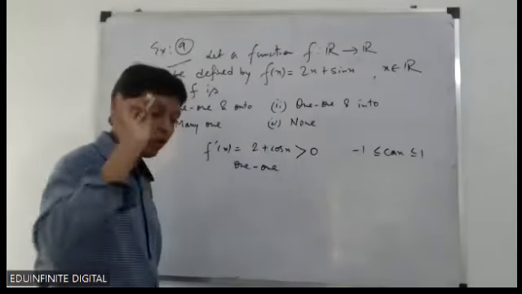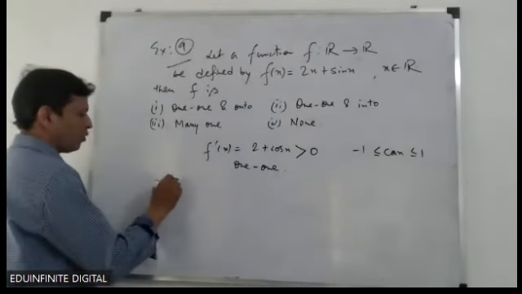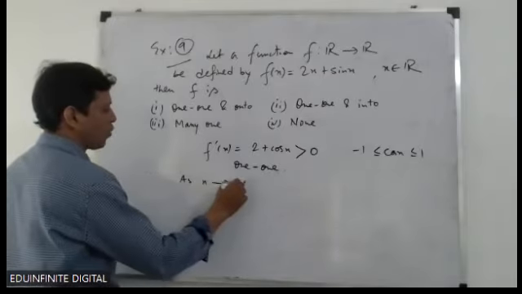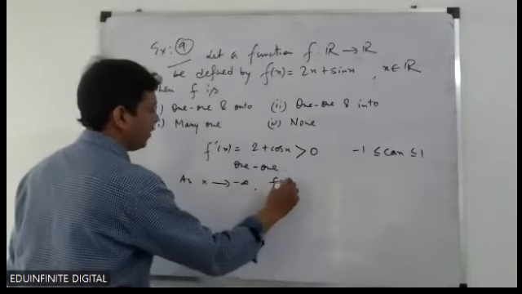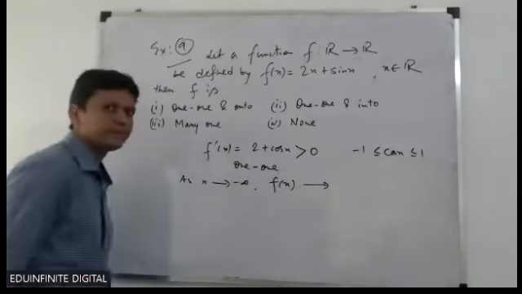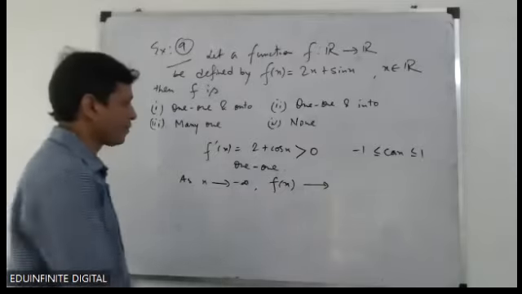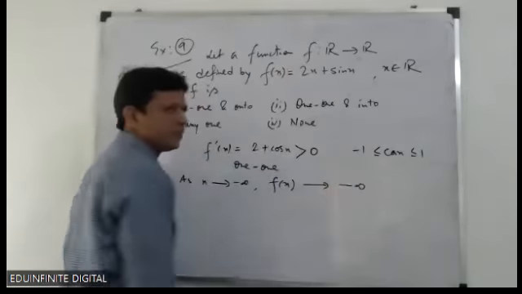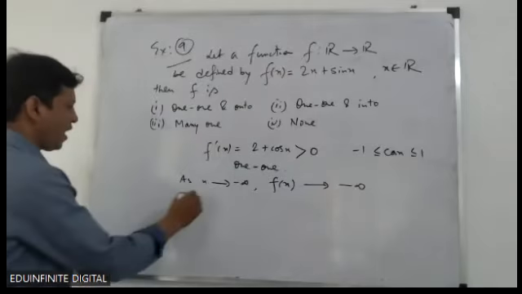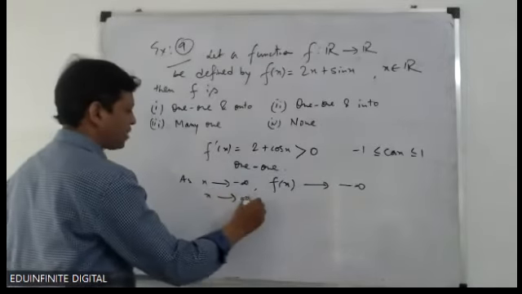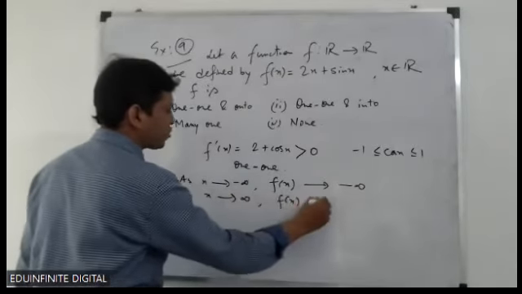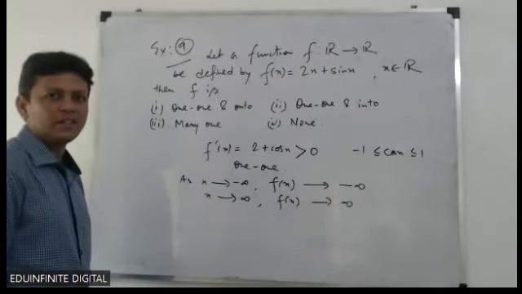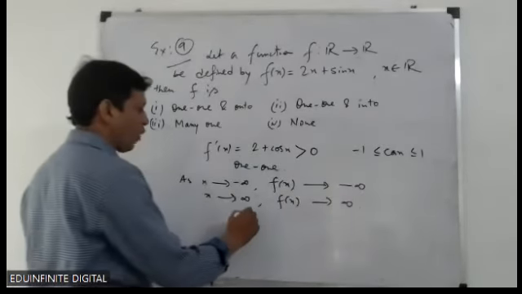Now for checking onto, I told you to check as x goes to minus infinity. Because you have 2x, it goes to minus infinity. As x tends to plus infinity, so what is your range?